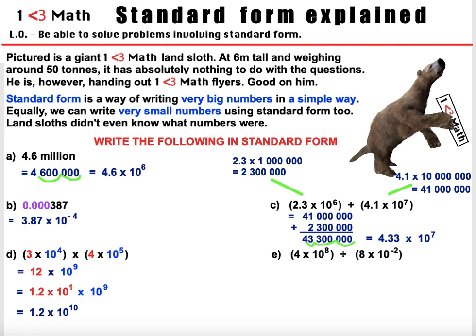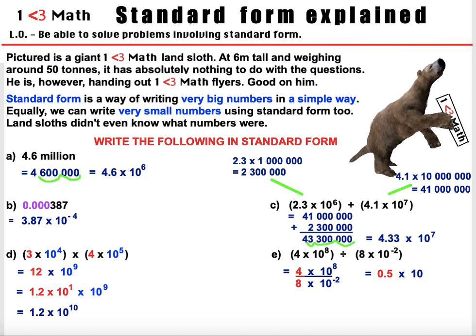When we're dividing numbers in standard form, I like to use the fraction line to show the divide. So we've got 4 times 10 to the 8 over 8 times 10 to the minus 2. Now 4 over 8, we can do this first. Similarly to how we did 3 times 4, we can do 4 divided by 8. 4 divided by 8 is a half.